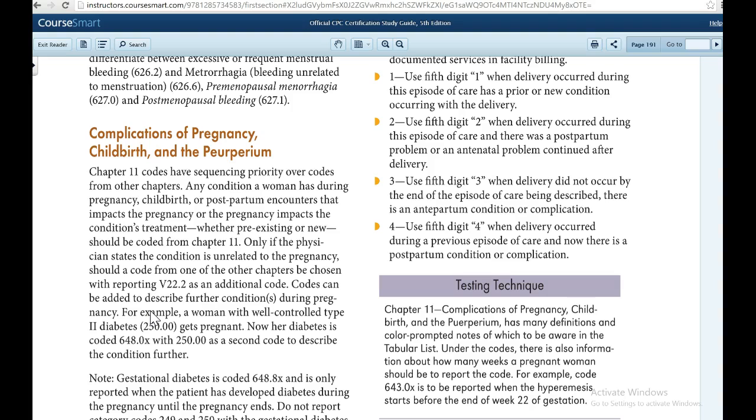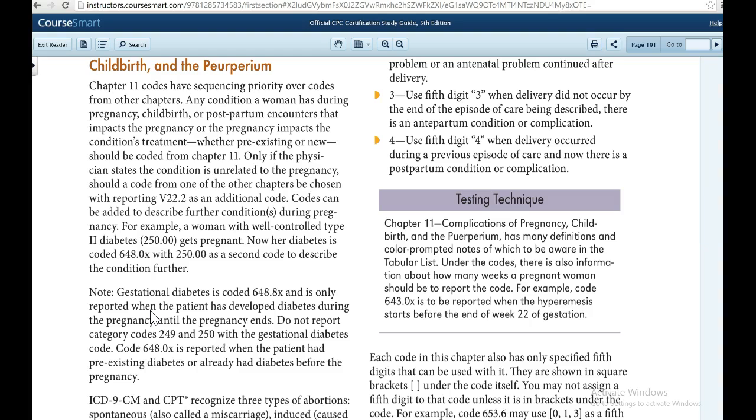Gestational diabetes is coded with 648.8 and is only reported when the patient has developed diabetes during the pregnancy, until the pregnancy ends. Do not report codes from category 249 and 250 with gestational diabetes codes.